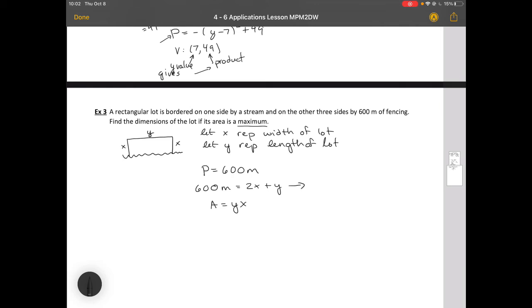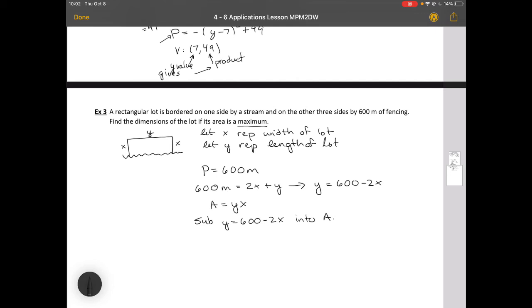So now I'm going to do the same thing that I did in the number problem above, is I'm going to rearrange this equation, and I'm going to rearrange for y, because I think that's going to be a little bit easier. So y equals 600 minus 2x. Now I'm going to sub that expression for y into my area equation.